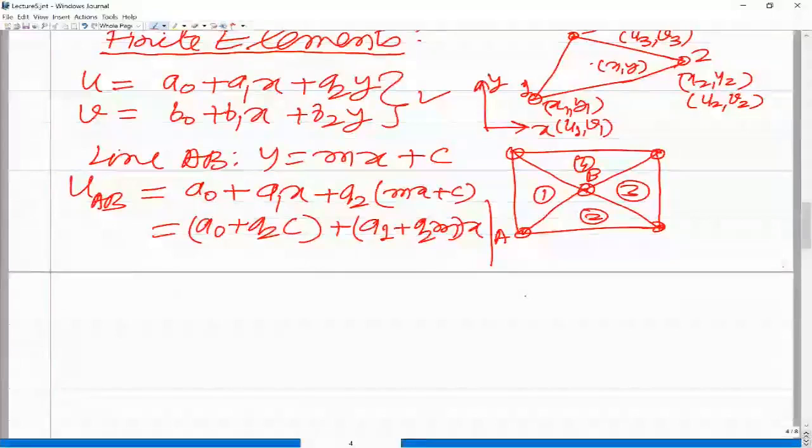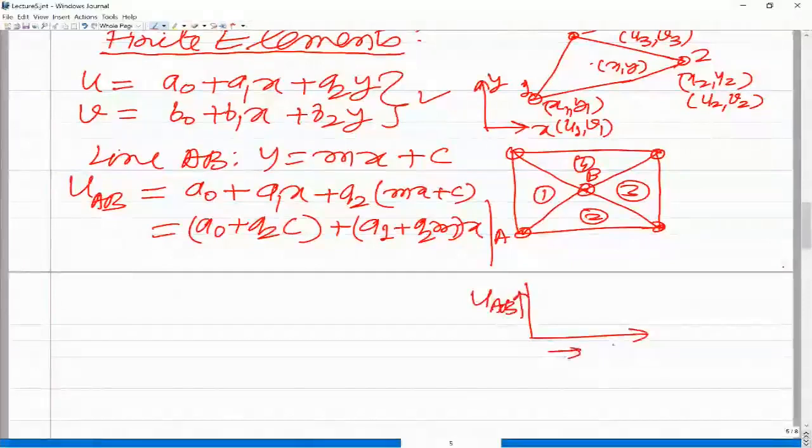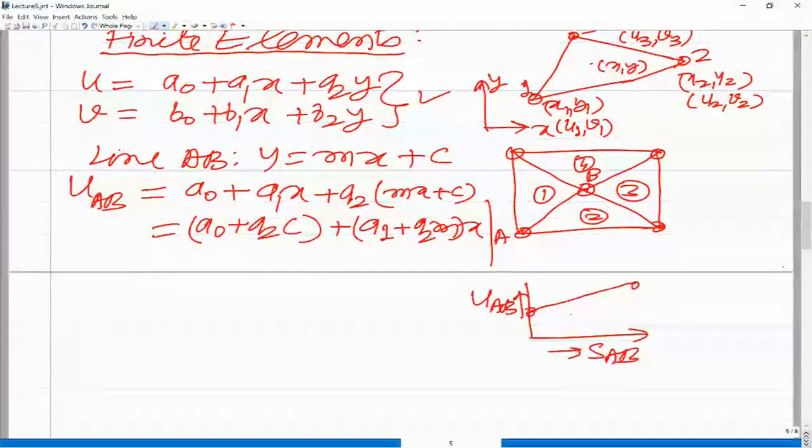So that means when I plot, let us say, u along AB, along the length along AB, let me say SAB is the length along AB. The variation will be the same, it is linear. So this is point A and this is point B, and you will get this variation from element 1 as well as from element 2.